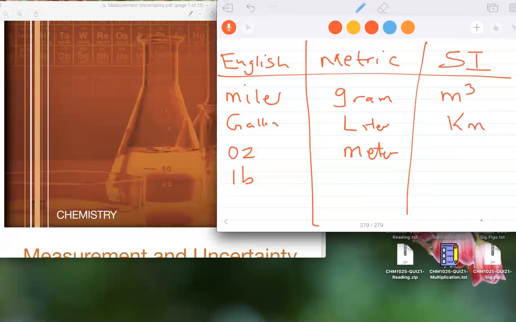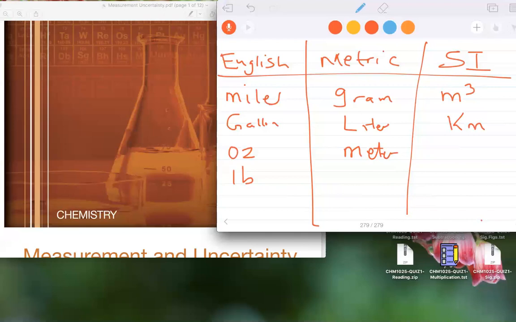These are the SI units. I don't want to spend more time on the three systems. You can read on those. I'll leave that to your lecture instructor to go through, but just to give you an overview, there are three systems and you should be able to know which one is which.